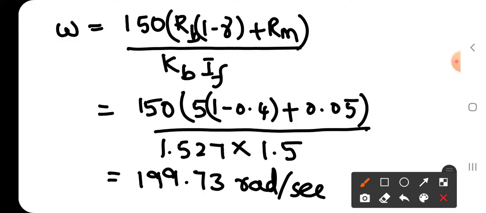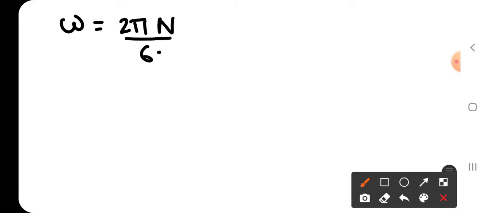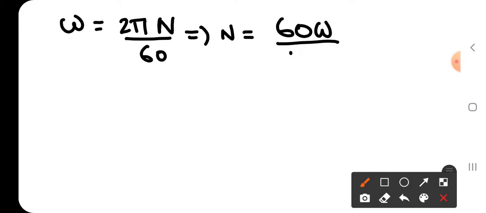Then what about the speed? We know that omega is equal to 2 pi n by 60. That means n is equal to 60 omega by 2 pi.